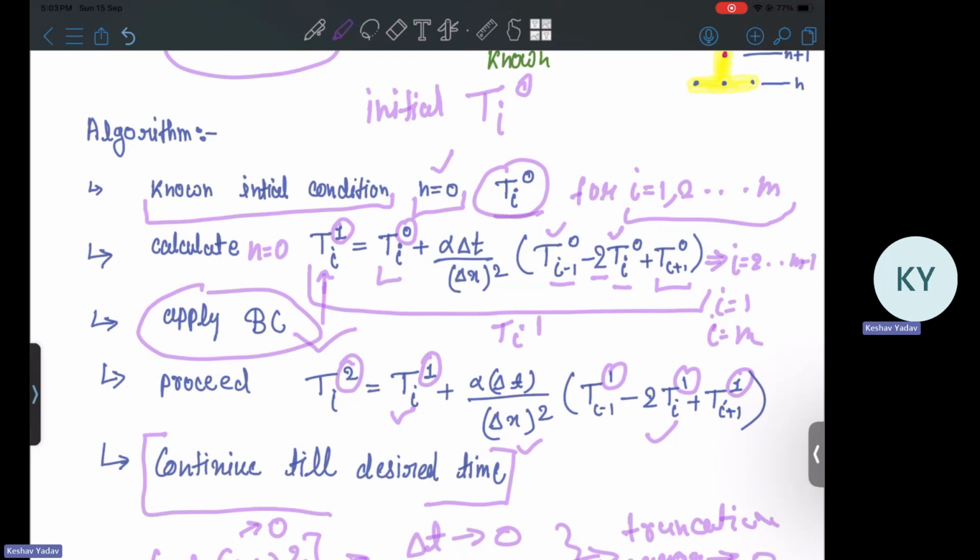This von Neumann or Fourier stability analysis we have used is applicable for linear PDEs. Suppose we have found the error as a summation of n number of modes, then we can take one mode and do the analysis on that. On the basis of the analysis, we can say whether the numerical scheme is stable or unstable.